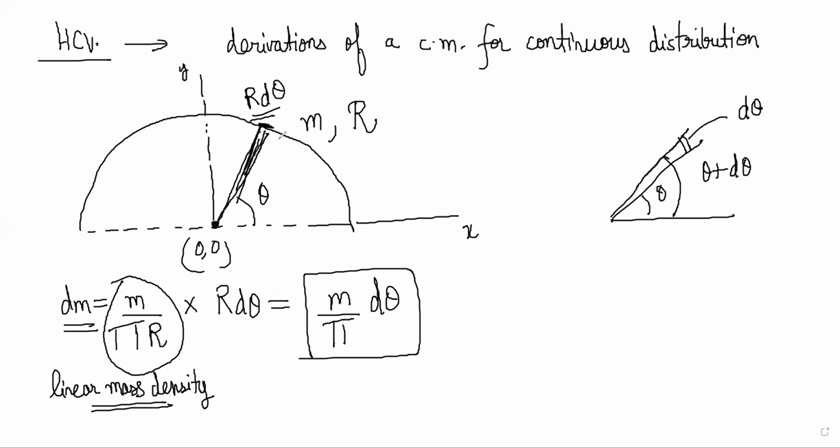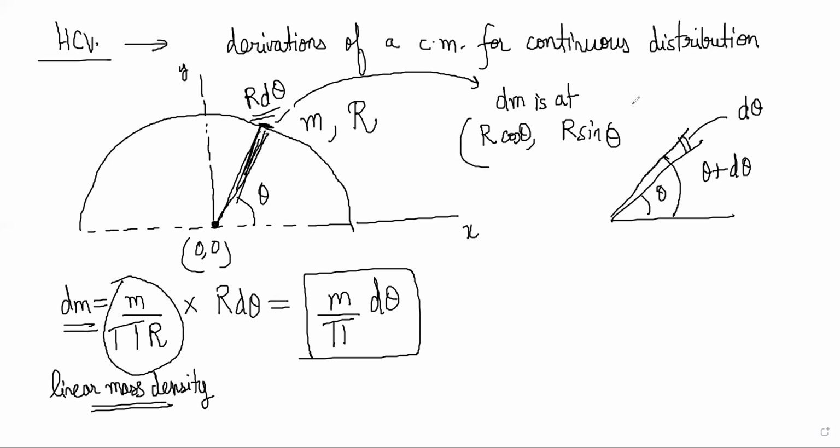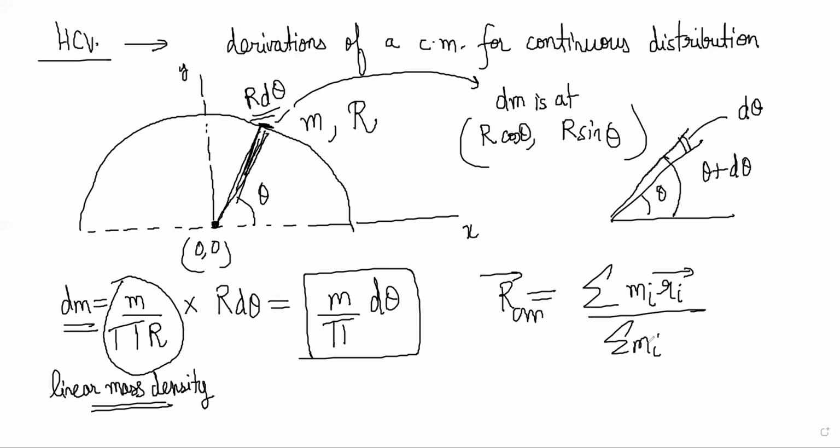Now, the dm mass is located at which point? It is at r cos theta, comma r sin theta, correct? So we have to find the location of your center of mass. That should simply be the summation of mi ri by summation of mi. But in this case, the number of terms is not finite.